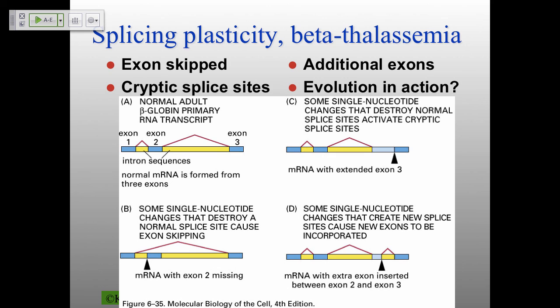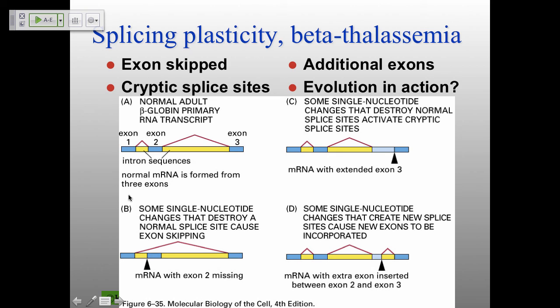So one example where, in fact, a number of diseases are known is where you have skipping of exons or different splice sites that actually get used. In normal beta globin, you've got these 3 exons, there's only 3 exons, where you have normal splicing that takes place.